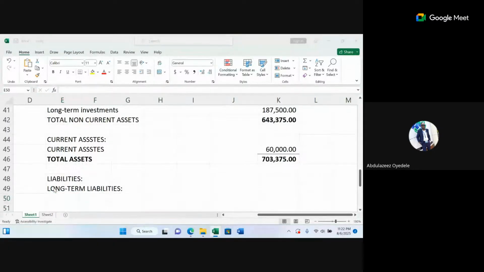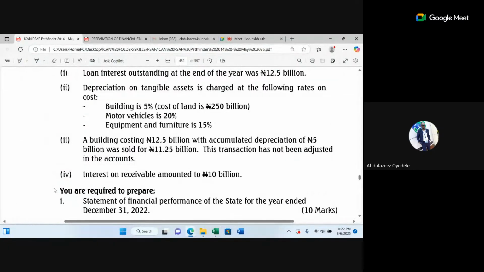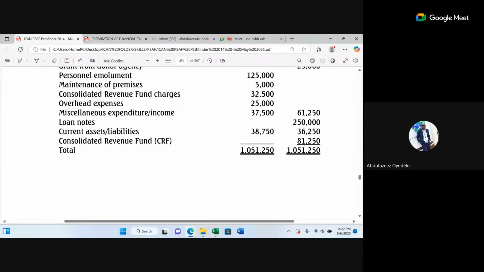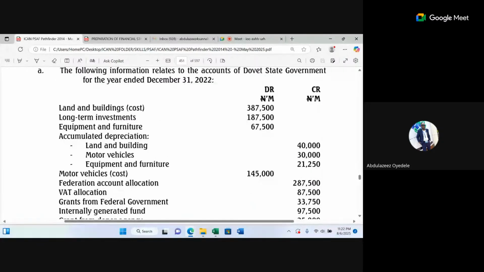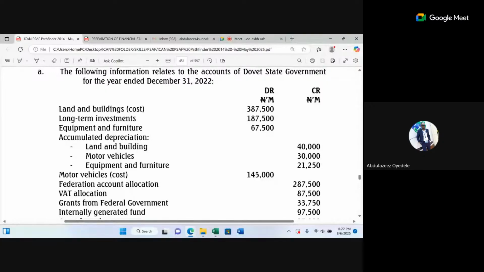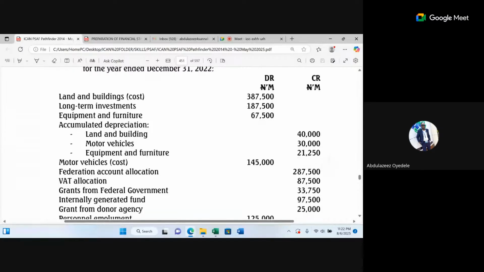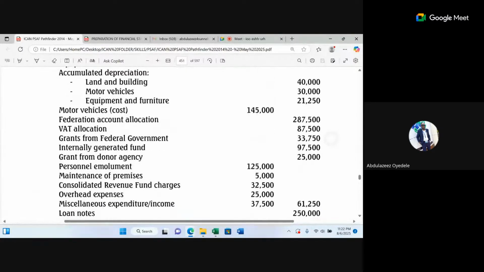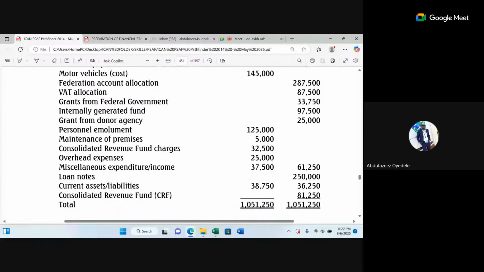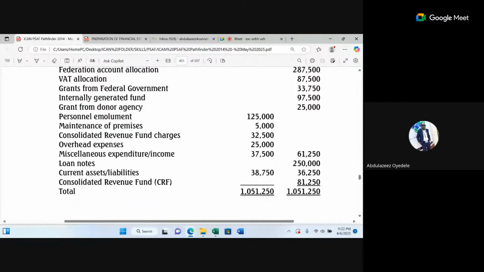So from the question, let's look at the question. From the liability side, we have long-term investment. We have accumulated depreciation, these are income that we have treated, and then miscellaneous expense income. Then this is 250 billion loan notes.